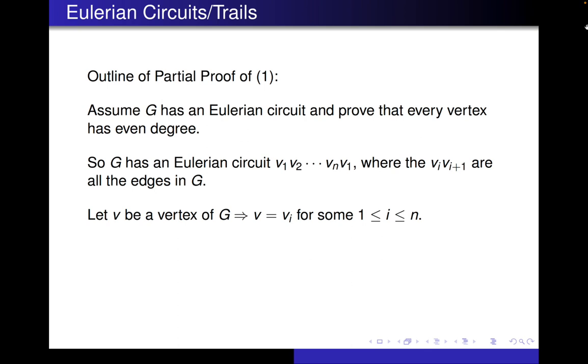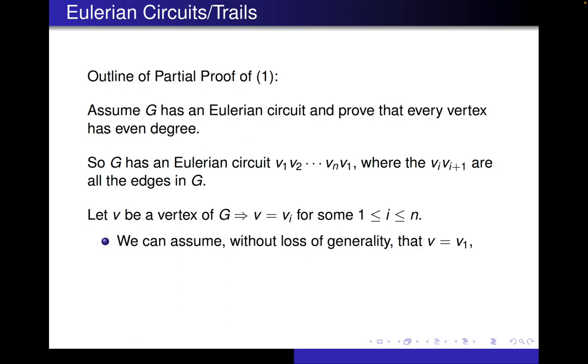That means our V that we're looking at, our random V that's a vertex of G, is one of those Vi's. And in fact, we can assume without any loss of generality that V is equal to V1, because if we have an Eulerian circuit, we can start that circuit on any vertex. So for instance, if V actually isn't V1, it's some other Vi, to make an Eulerian circuit that begins at Vi we can just shift the order of the vertices.